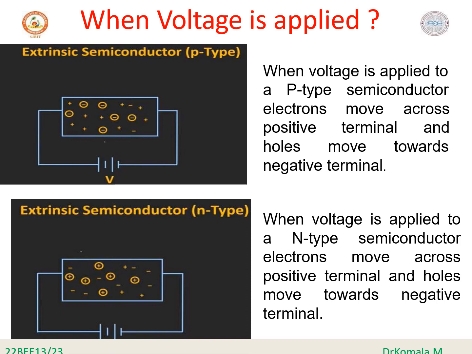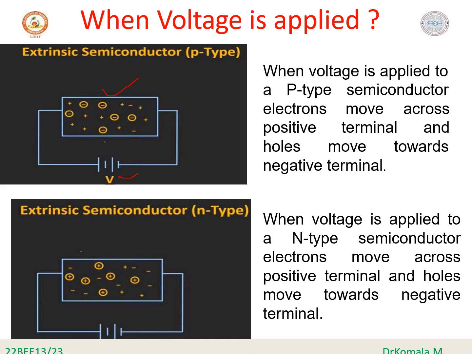This is the diagram where we can see the P type semiconductor. Here, whenever a voltage is applied, the electrons move toward the positive terminal and the positive holes move toward the negative terminal.